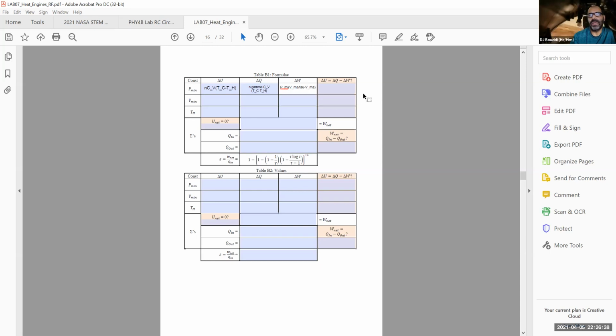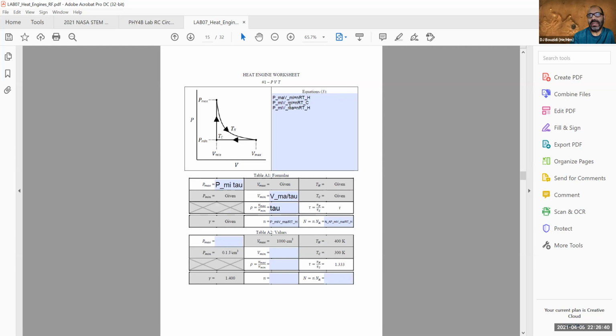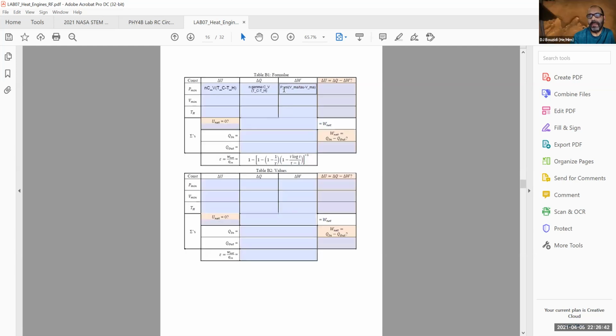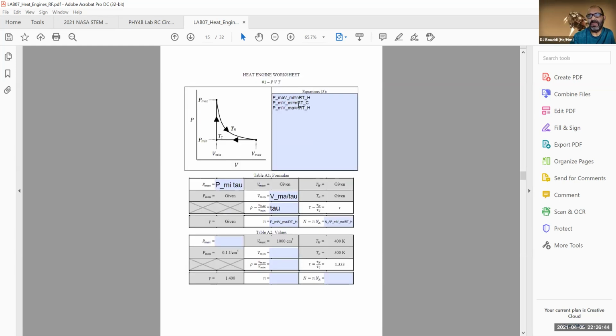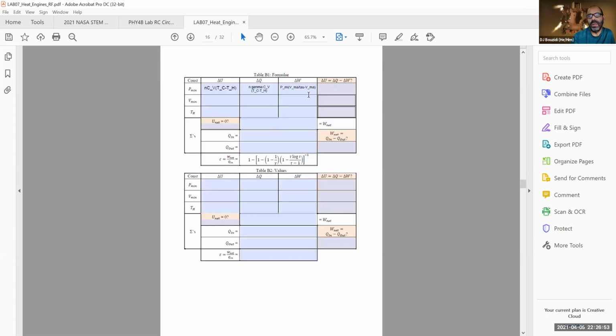Okay, let's go back into the expression here. Pmin times Vmax, Vmin times Vmax. Pmin times Vmax is NRTH. So I need to do the calculation in here. I will find that it's equal to NRTH divided by tau, and tau is TH divided by TC. So this is going to be NRTC.